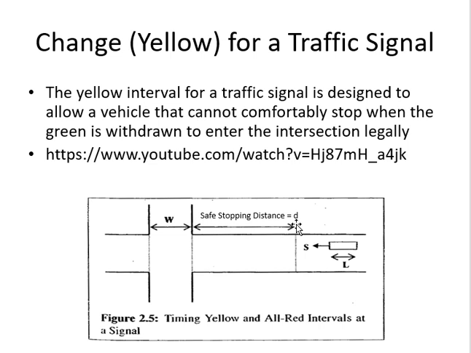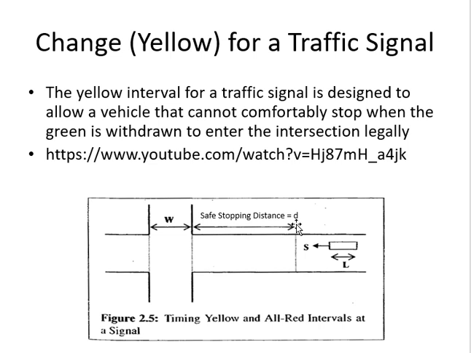But we don't want the yellow to be so much. The driver who's coming from 2 kilometers, he sees the yellow and he still thinks I can go. Yellow is nothing. So yellow should not be too much or too less. Both things are dangerous.